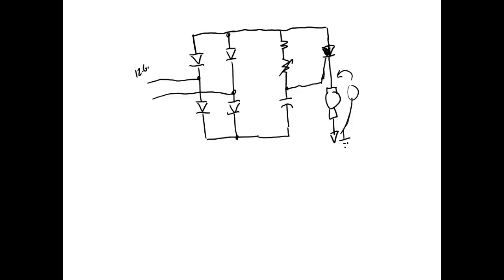You can't move ground inside a circuit, right? You understand that? So I'm going to wire the motor on the bottom. So what I'm doing is I'm getting this right here. So I've already got a half wave. And what happens is when this starts going positive, the capacitor starts charging.